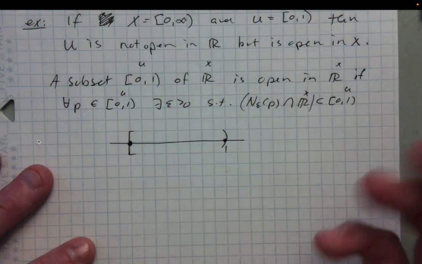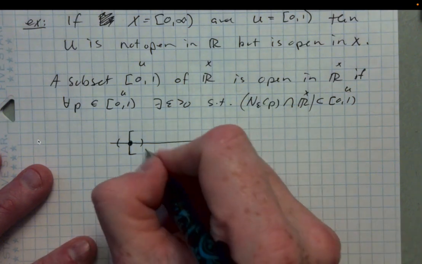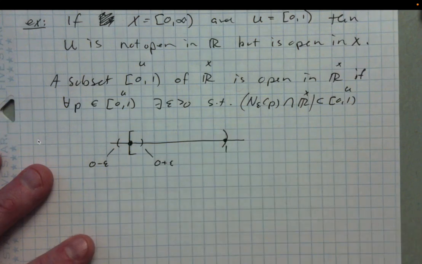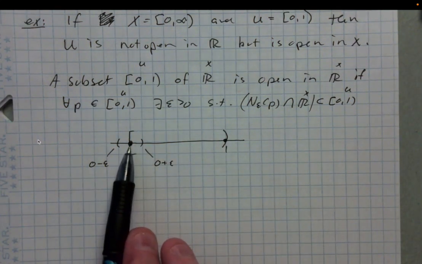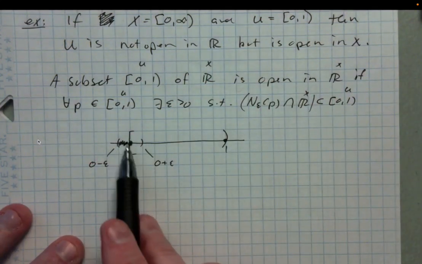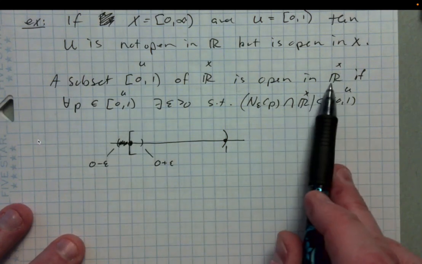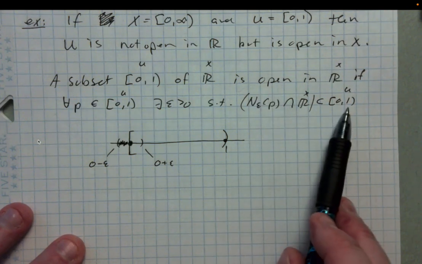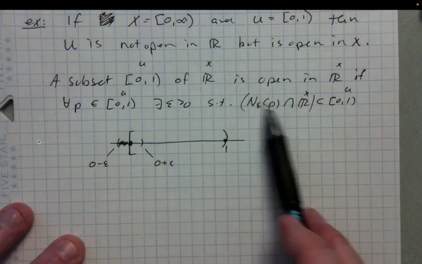And the reason is I can come up with an epsilon, namely down here. This would be 0 plus epsilon, and this would be 0 minus epsilon. I can come up with an epsilon region of this point 0 such that a part of the region falls outside of U. In order for it to be open in the real numbers, there can't be an epsilon region that's outside of U. So for all p in U, there exists epsilon greater than 0 such that that region is inside.